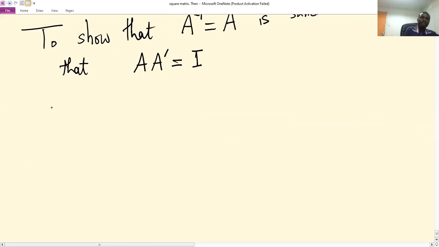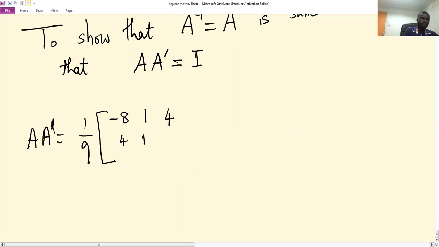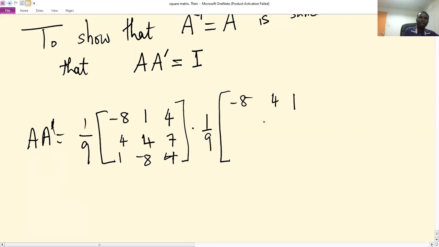A times A transpose is 1/9 times the matrix -8, 1, 4; 4, 4, 7; 1, -8, 4, times 1/9 times the matrix -8, 4, 1; 1, 4, -8; 4, 7, 4.